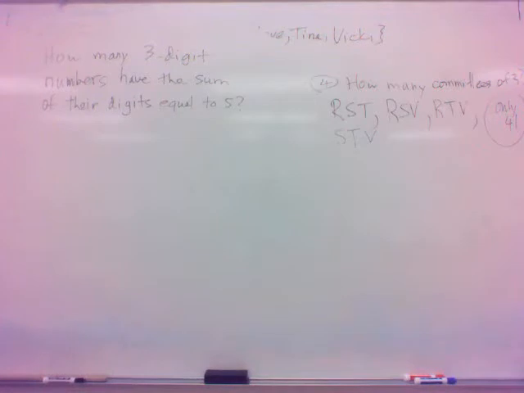Well, again, we're talking three-digit numbers, and so really the only restriction there is the first number can't be 0. So give me one example of a three-digit number that has the sum of the digits equal to 5.